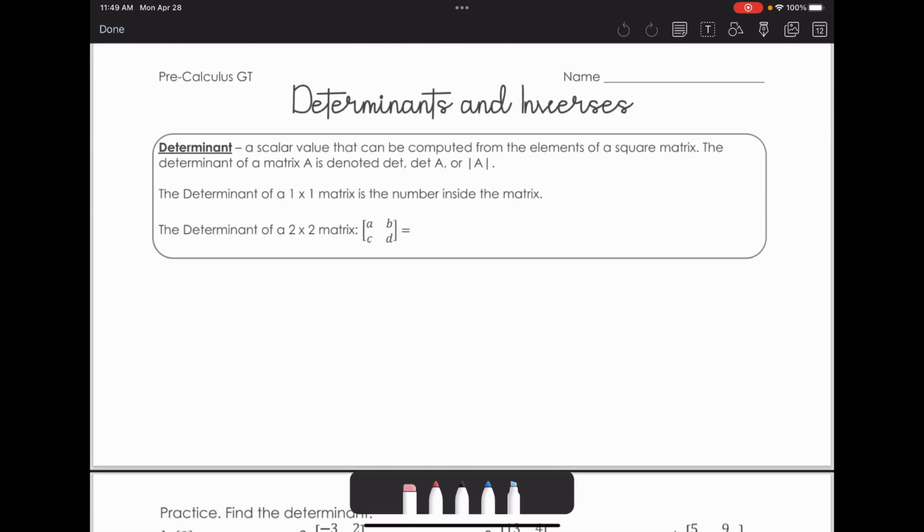So the first part of talking about an inverse of a matrix is the determinant. The determinant is a scalar value that can be computed from the elements of a square matrix.